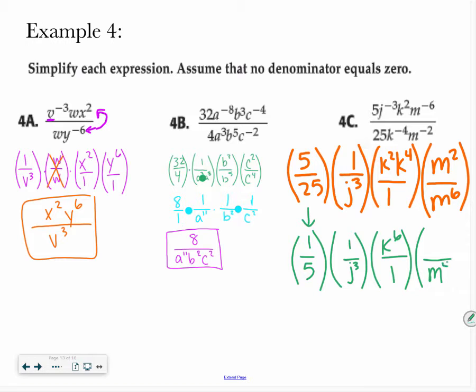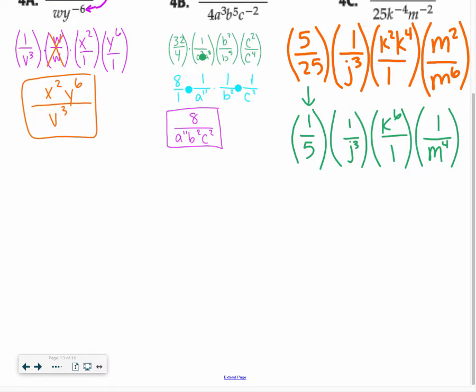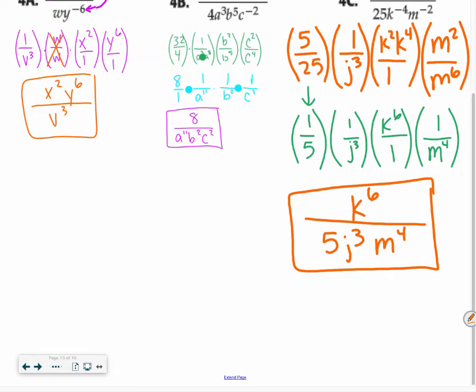And those are 4 away from each other. 2 and 6 are 4 spaces away from each other. So I'm going to leave it just like that for now. And I'm going to write my final answer. In my numerator, I only see a k to the 6th because everything else is a 1. Then I'm going to have 5j to the 3rd, m to the 4th. And that is my final simplified answer.